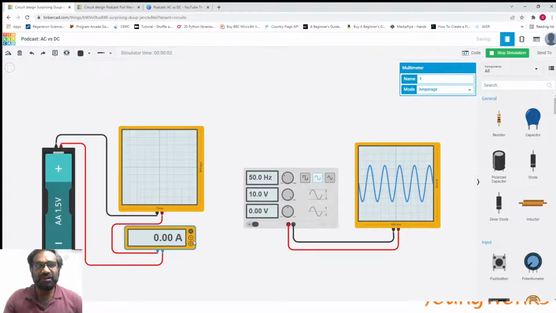You can see on the left that the current is just flat, because it's just going through and it has one stable current value all throughout.